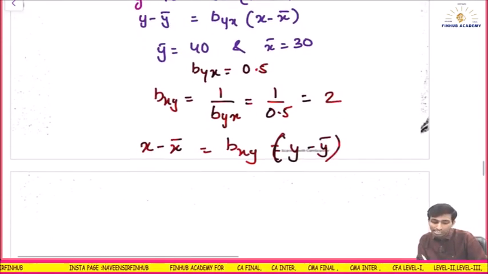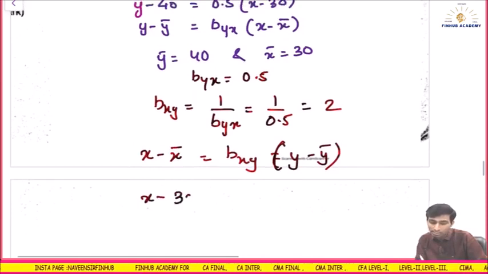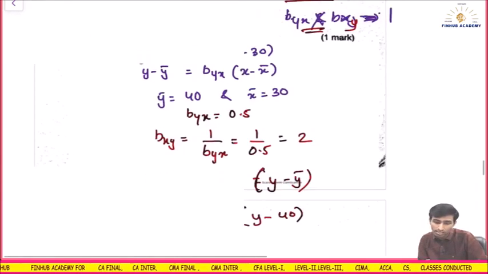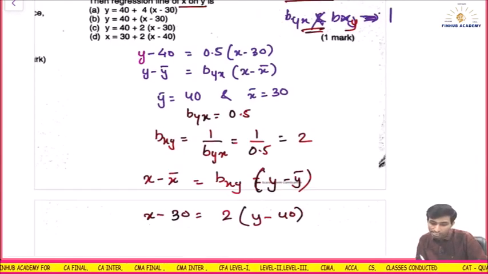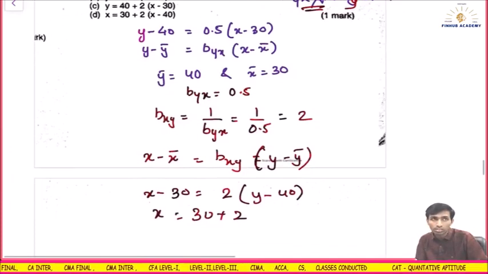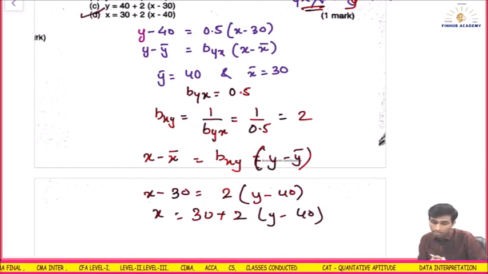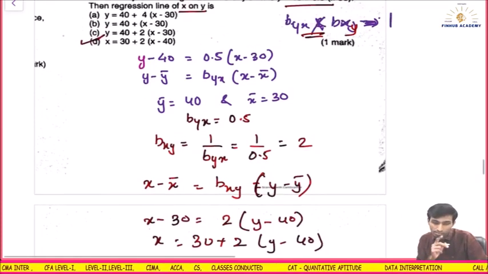Understood? x I don't know, but x bar is how much? 30, equal to b x on y, which is 2, into y minus y bar, which is 40. So this is my equation. Ultimately x is equal to 30 plus 2 into y minus 40. No, this is not the answer.